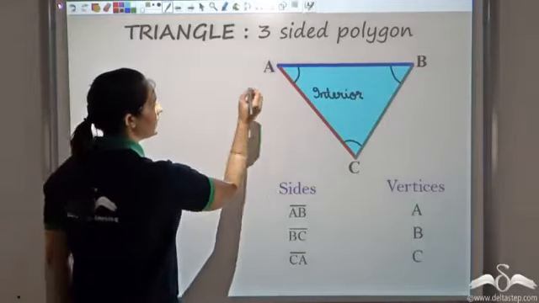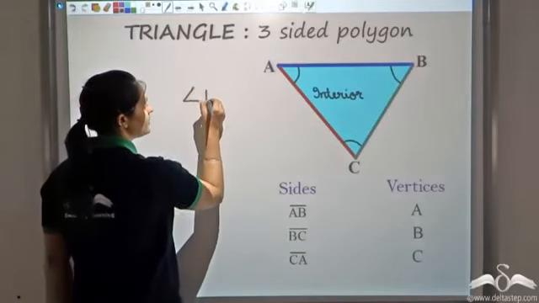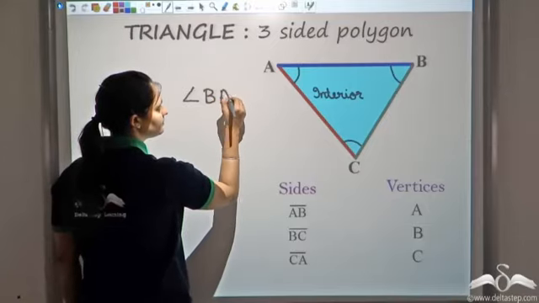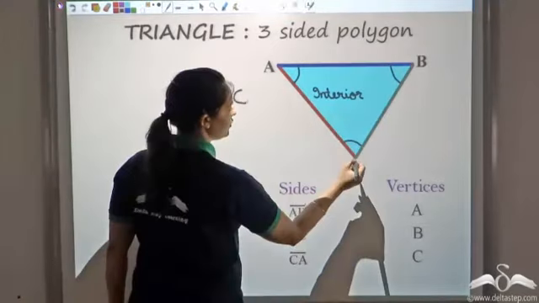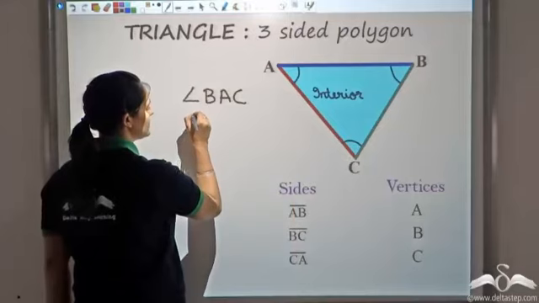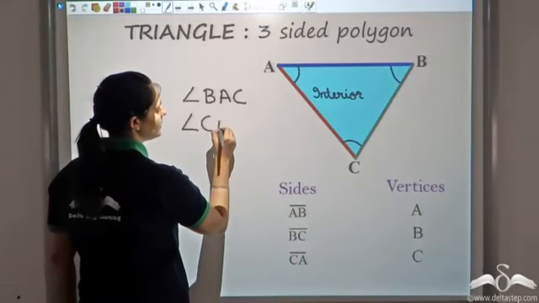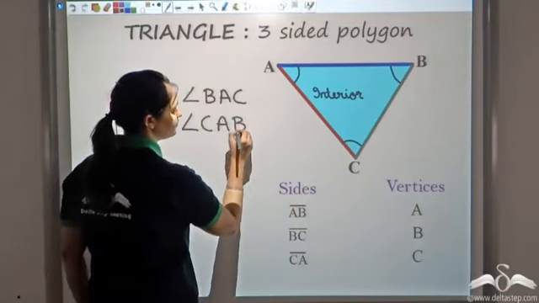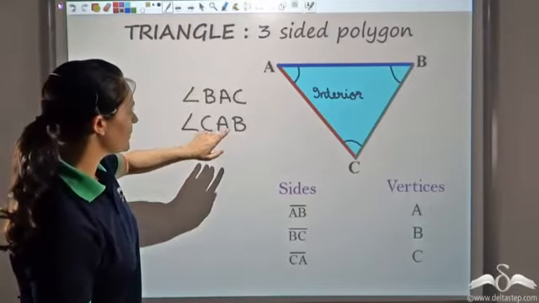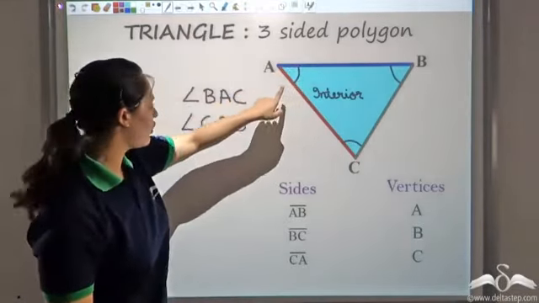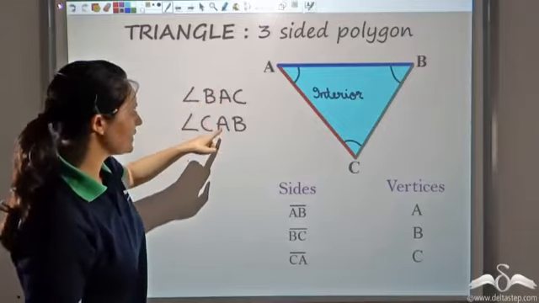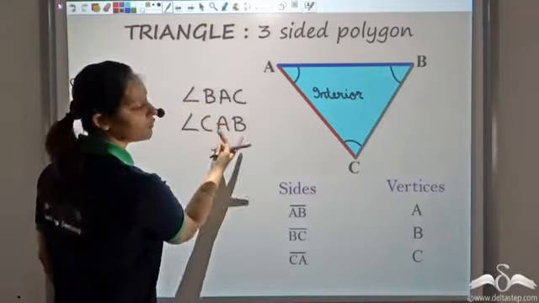So now let's name the angles of this triangle. This would be called angle BAC, or I can say it's angle CAB. Note, what is important here is the vertex where the angle is formed should be in the center. So A is in the center. The order of the other two does not matter.